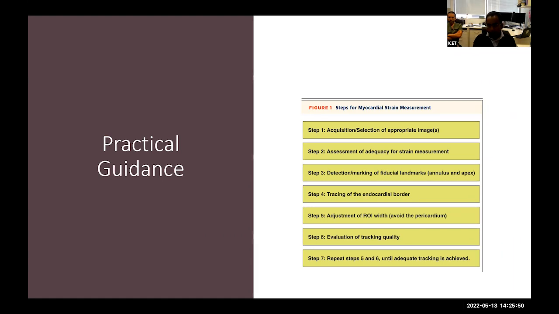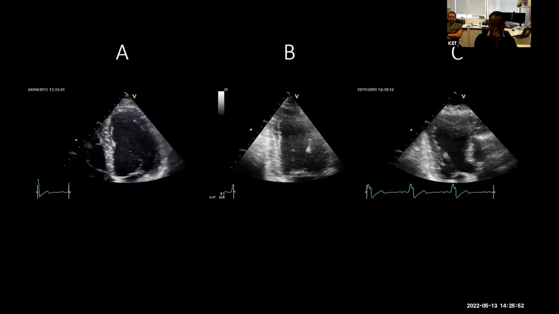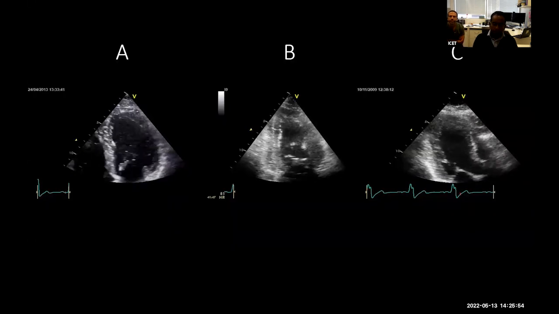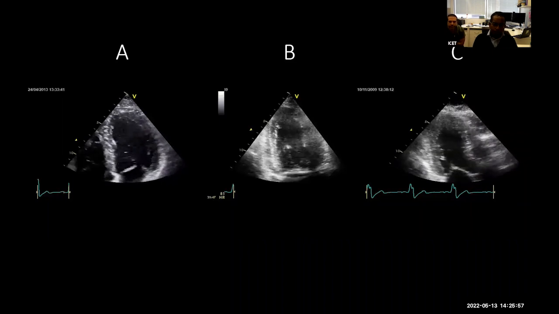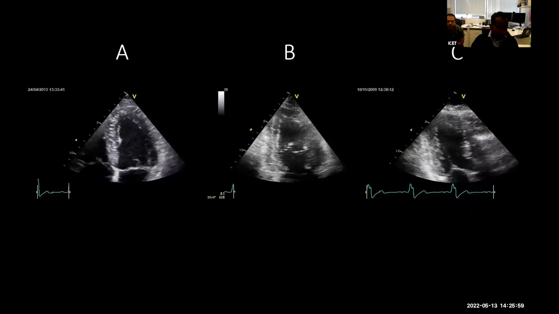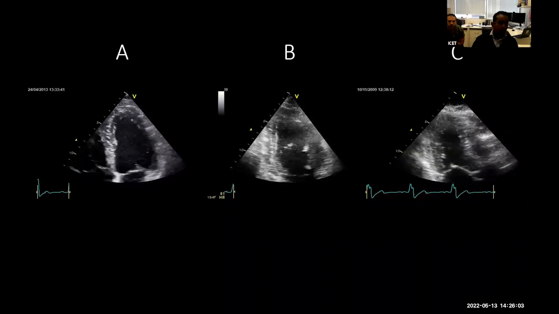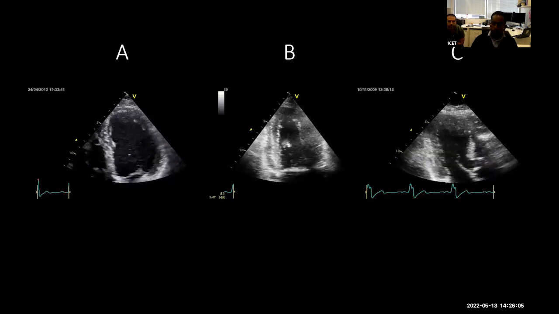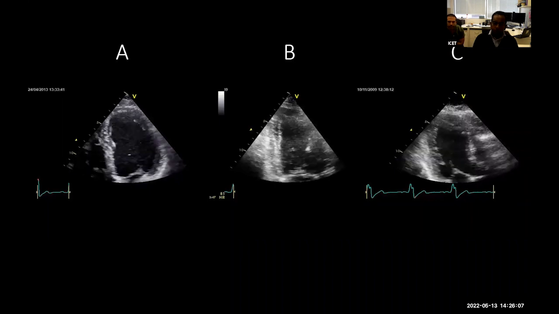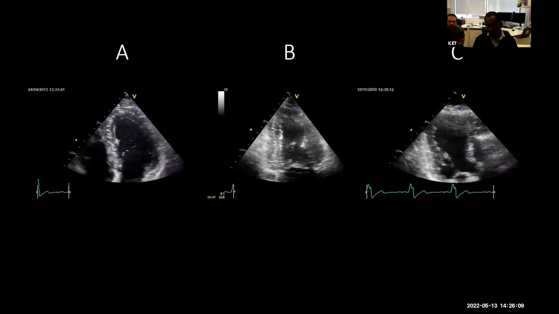If we go through a couple of examples, I've got A, B, and C here, and hopefully you guys can tell me what's going on. I've got 3 images here: my 4, 2, and 3 chambers.